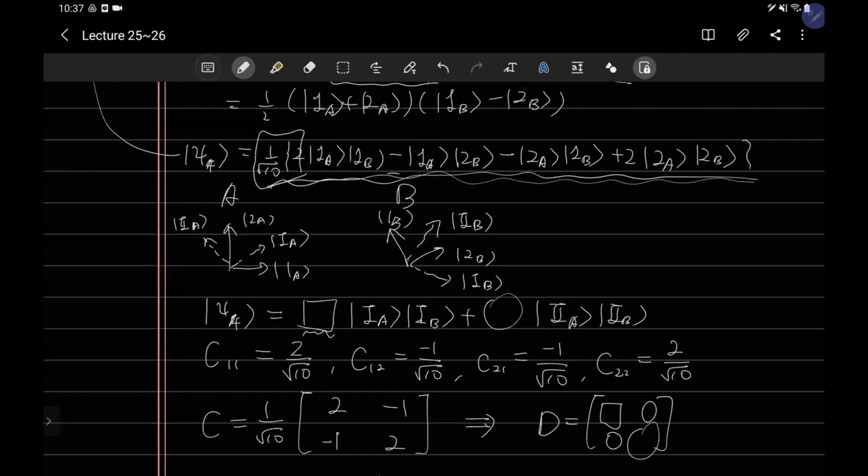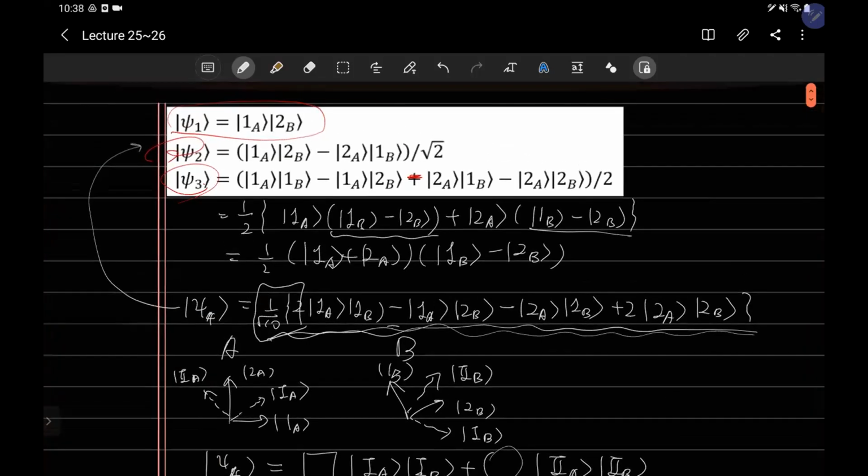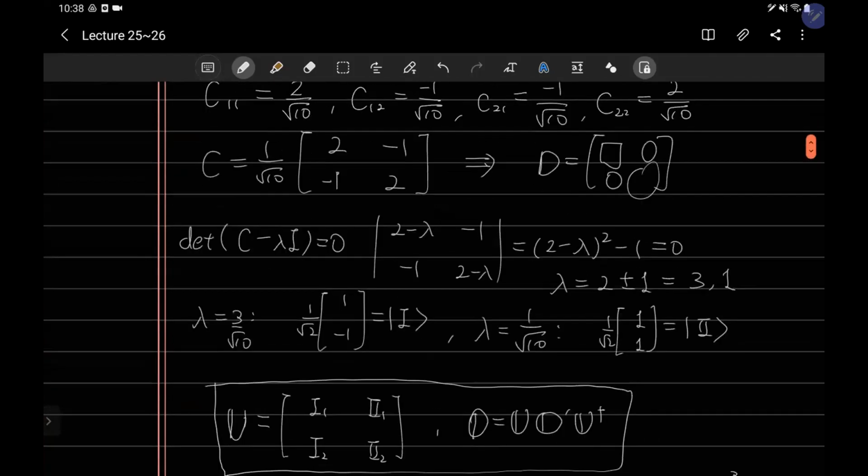Now, what I'm going to do is, this kind of form can be eventually turned into this kind of shape. So how can we do that?